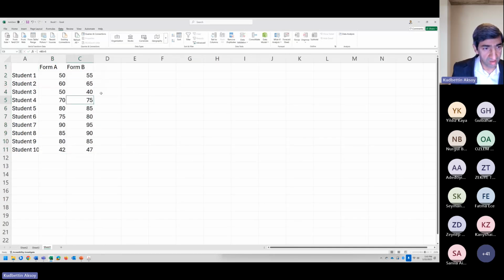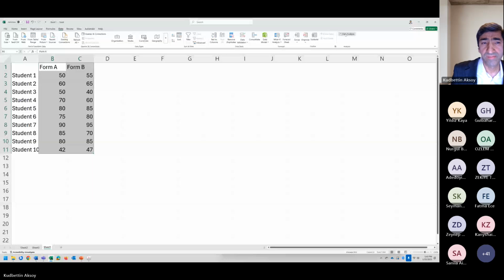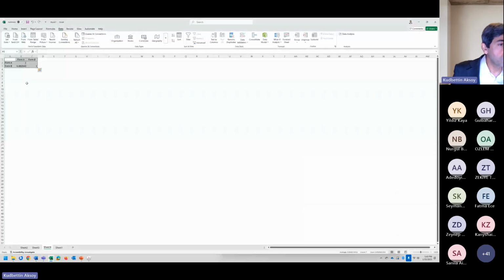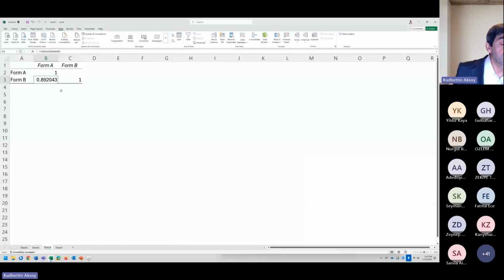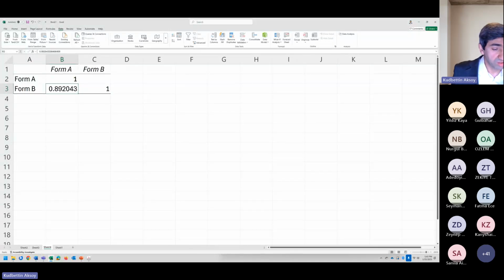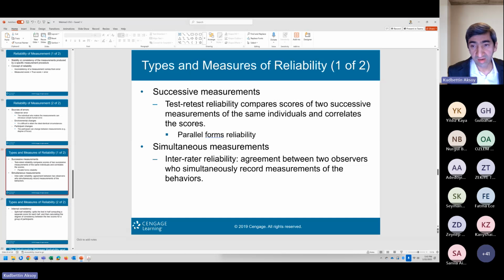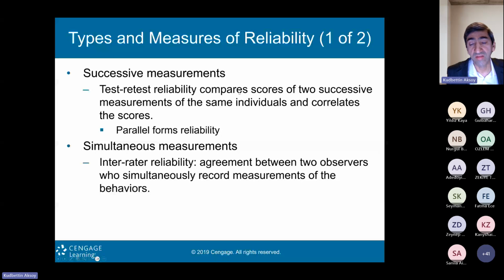Make this one 60, and this one 7, and do this again. Now it's 0.89, which is still very, very high. So when we say test-retest reliability, we're just talking about pushing some buttons. It gives us a number between -1 and +1.